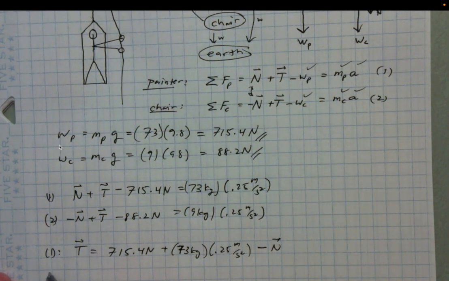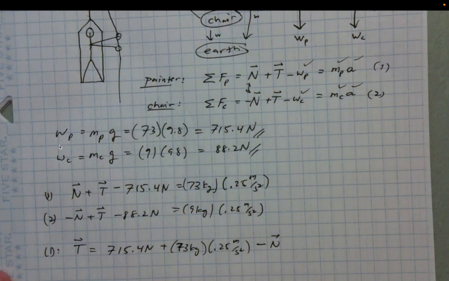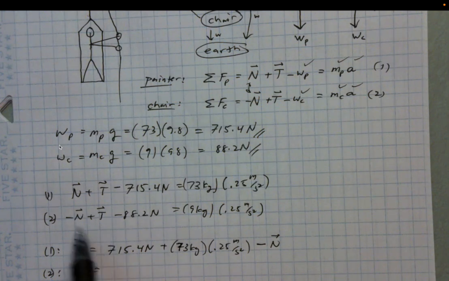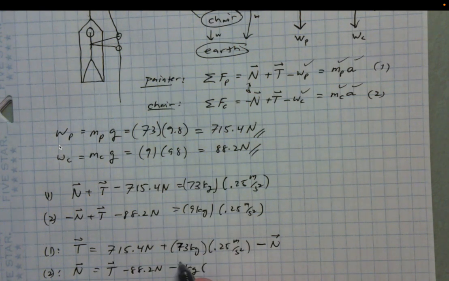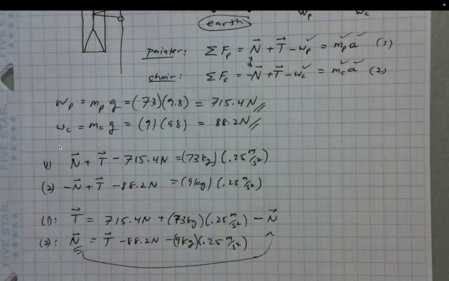Now for 2, I'm going to solve for the normal force so that I can plug it into this thing. Just rearranging, the normal force is equal to the tension force minus 88.2 newtons minus 9 kilograms times 0.25 meters per second squared. Now I'm just going to take this thing here, plug it in there, and that'll give us the tension, right?